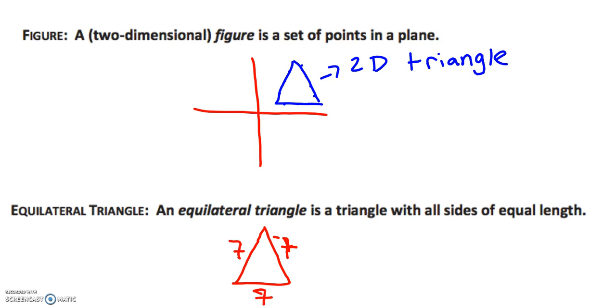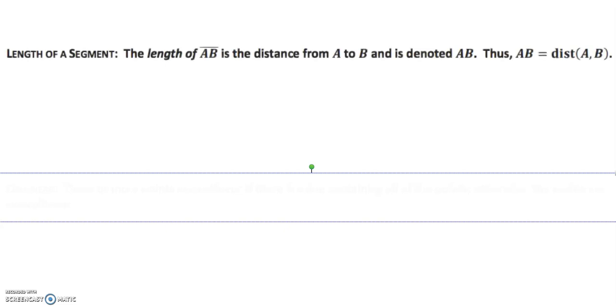That is what an equilateral triangle is, the lucky sevens. It doesn't have to measure 7. It can measure 5 or 4 or 100 as long as all the sides measure the same. Make sure you pause the video or go back if you need to. All right, we're almost there.